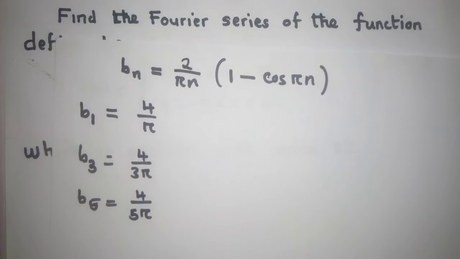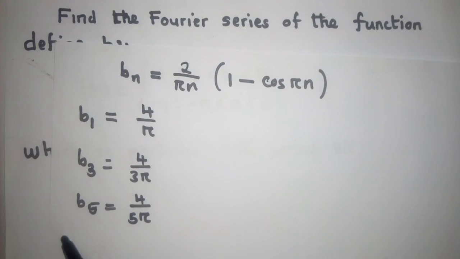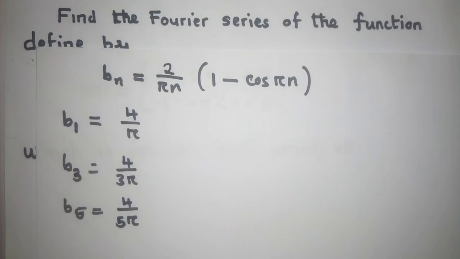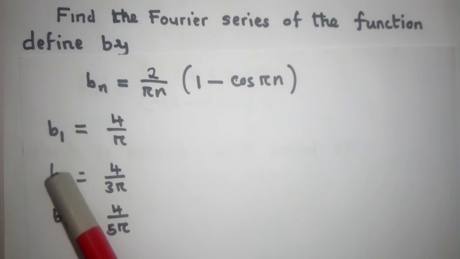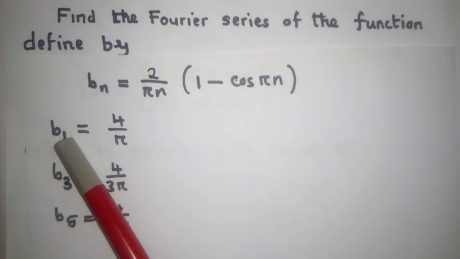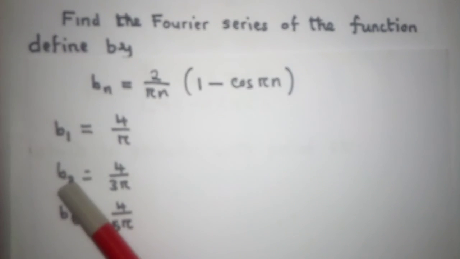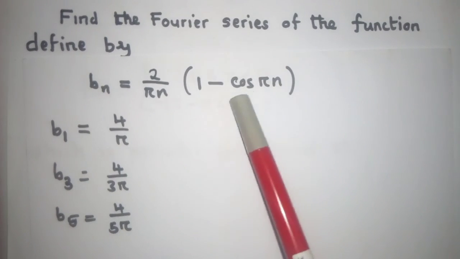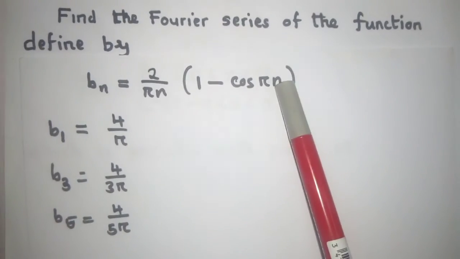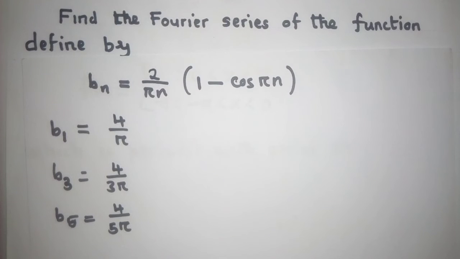So to find what I'm finding here, you just have to be putting the number that is right here. So for example, 1, you put it where n is and solve. 3, put 3 there and there, solve. Here 5 there at n and solve. So we're done with this one.